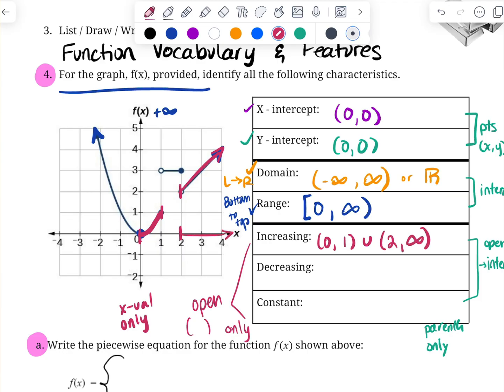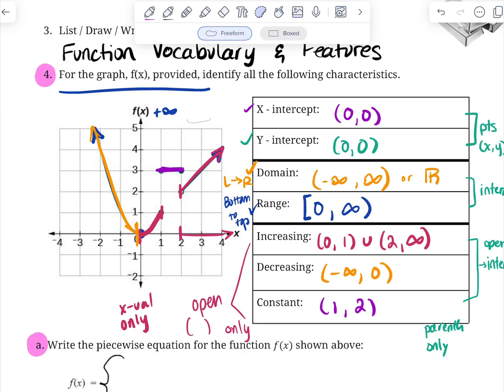And then I am decreasing over here on the left. There's that arrow again. That arrow means I'm coming from negative infinity, and that's ending at 0. And then I've got this little tiny chunk that's flat. That's my constant, from 1 to 2. All right, now I want to make an actual piecewise function related to this.